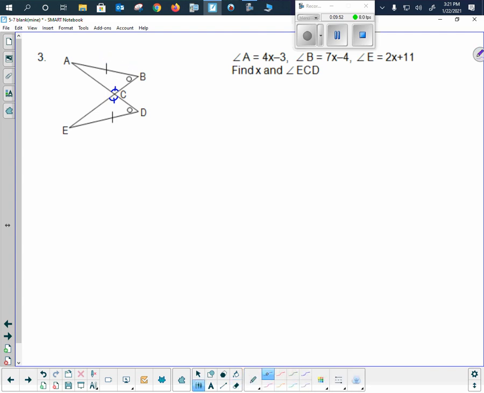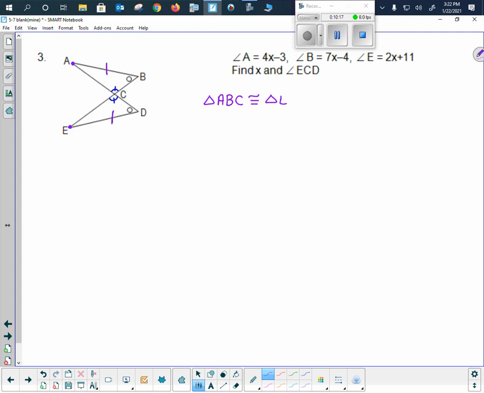Let's map them. The first triangle alphabetically would be triangle ABC is congruent to triangle... Well, if you need help with the mapping, please notice where A is. A is the angle between the side with the single mark and the side that is not marked. Over here, E would be between the side that is not marked and the side with the single mark.